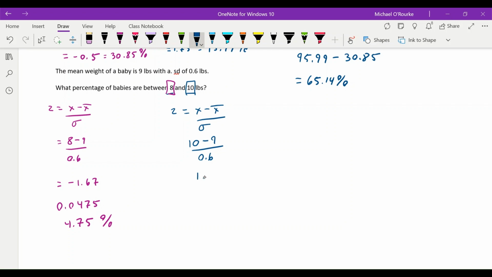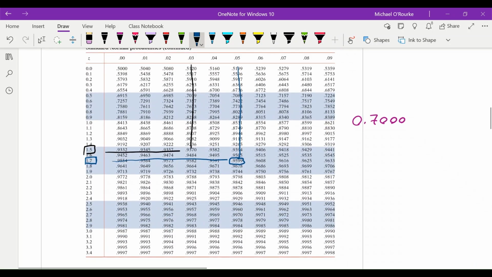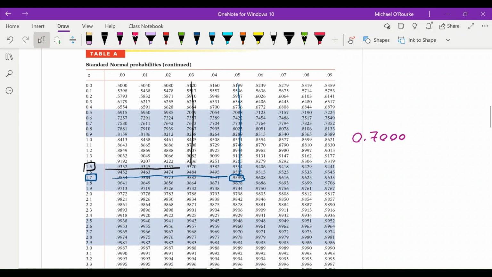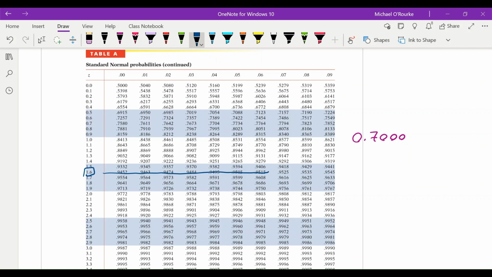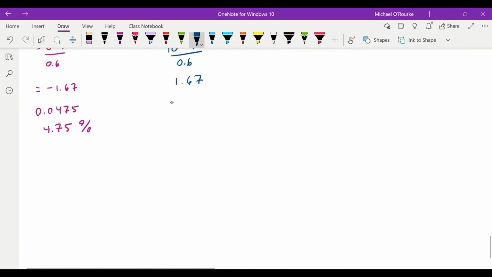Oh, what do you know? So the exact same number but in the positive form. 1.67. Let me get rid of these ones. 1.6, and we're going to make our way over to 7. 95.25. 95.25%.